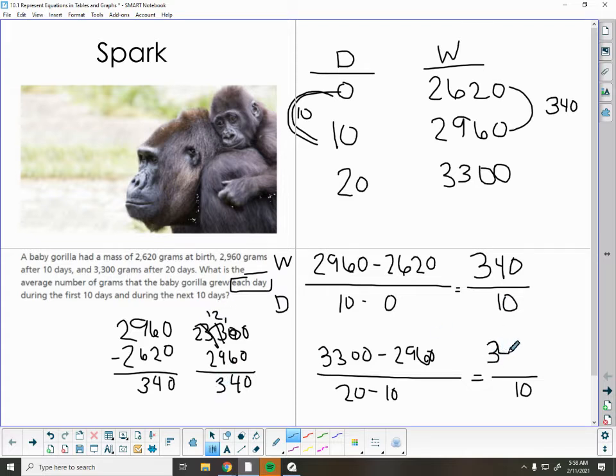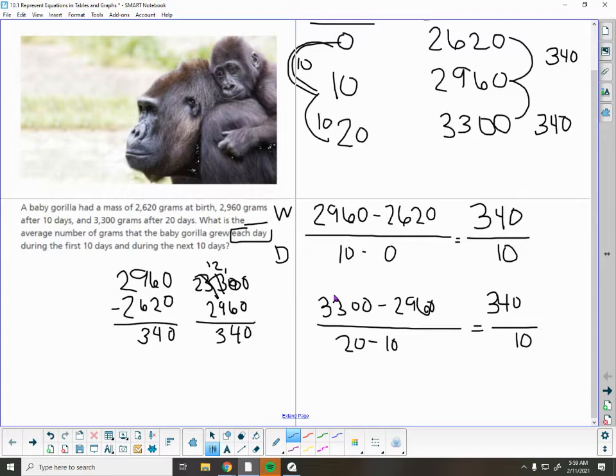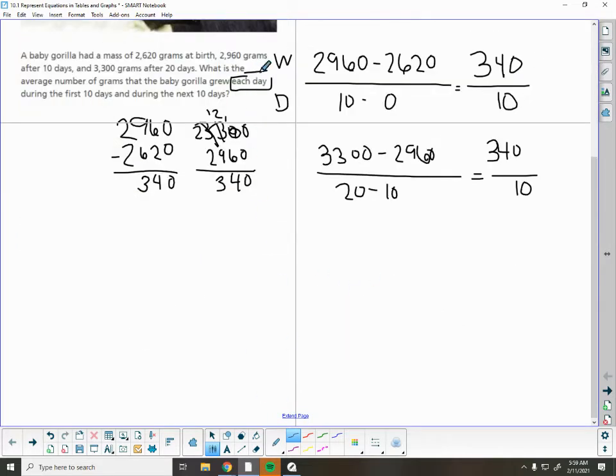So it is following the same pattern. Every 10 days, the gorilla is gaining 340 grams. It's following that same pattern. Now, knowing that information, remember, we want to know how much it grew in one day.